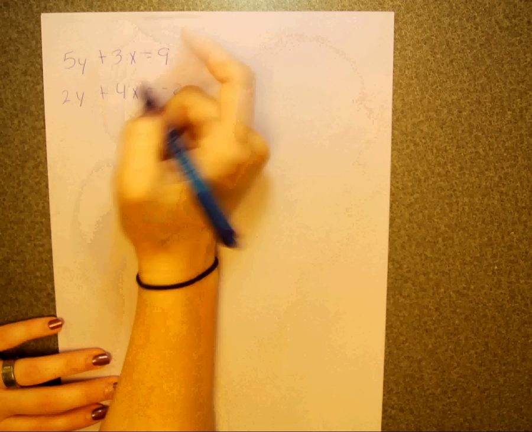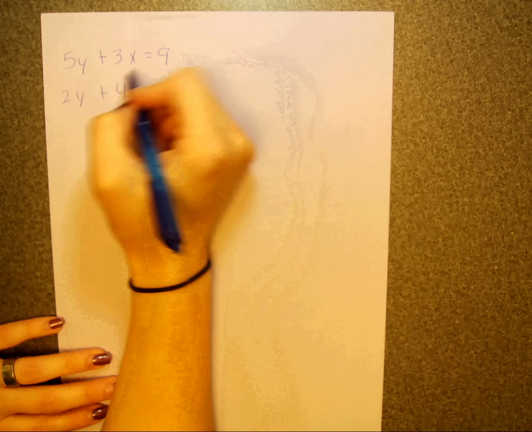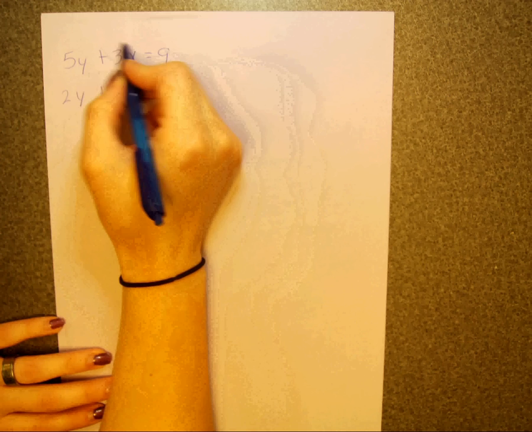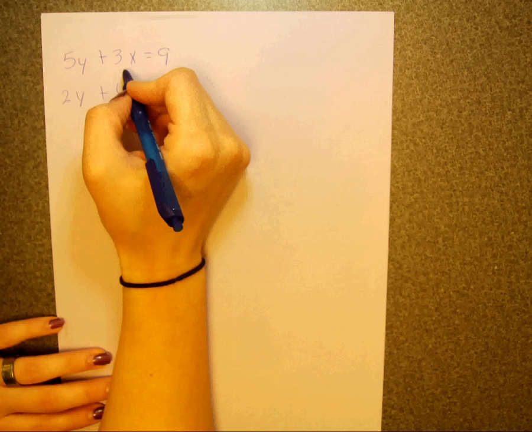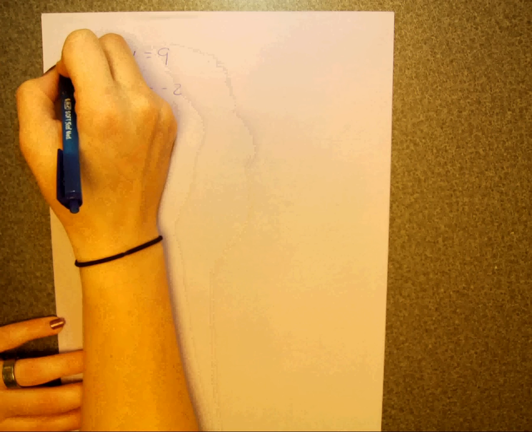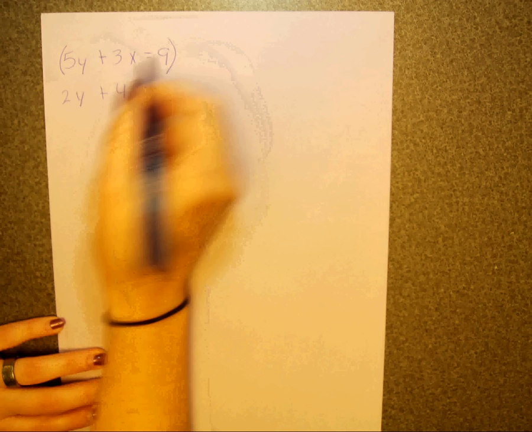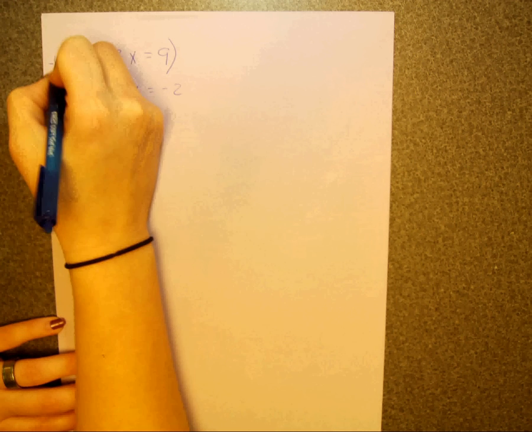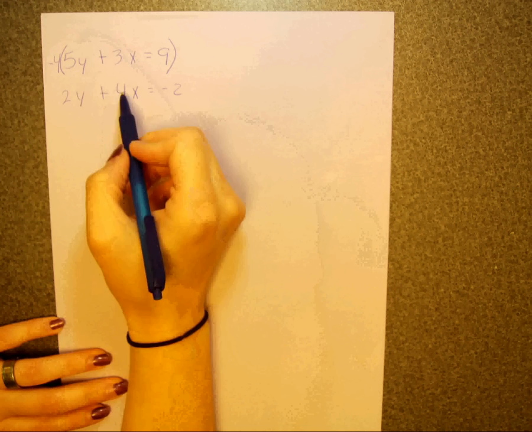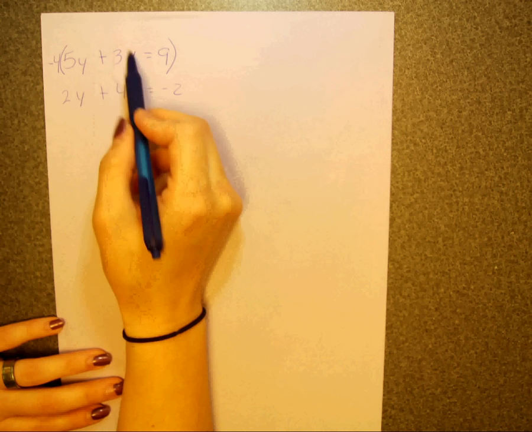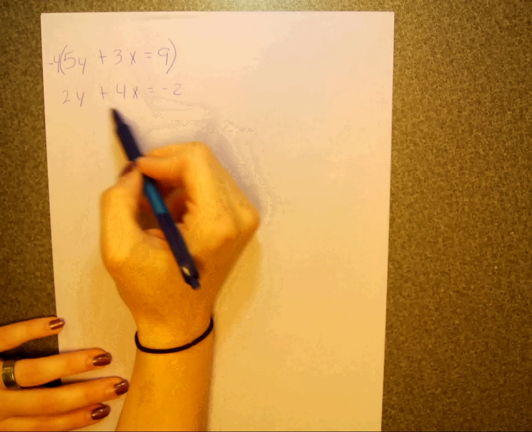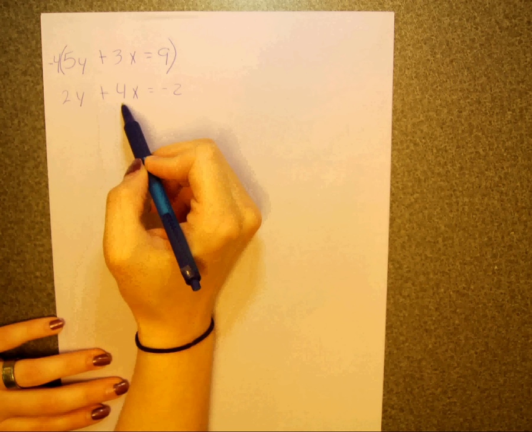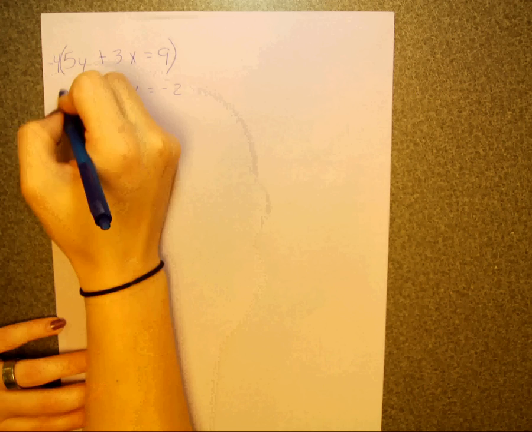But in order for the number in front of x to be negative 12, I need to multiply my top equation, the whole thing, times negative 4. Now, if I'm going to make the top negative 12, I would need the bottom to be positive 12. So I need to multiply the bottom times positive 3 to get a positive 12.